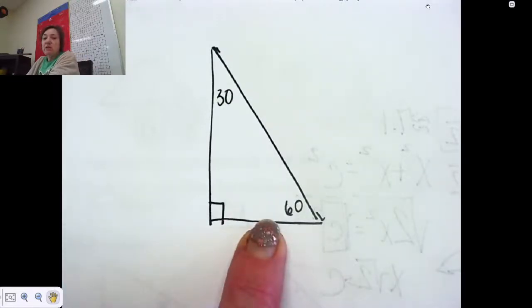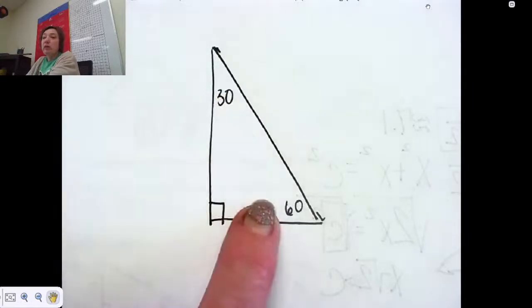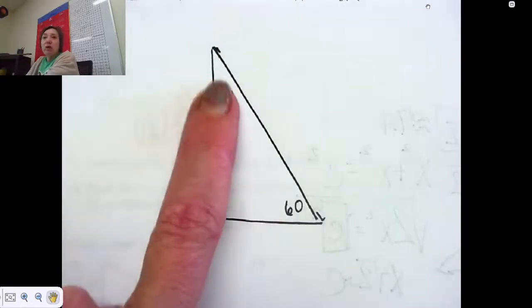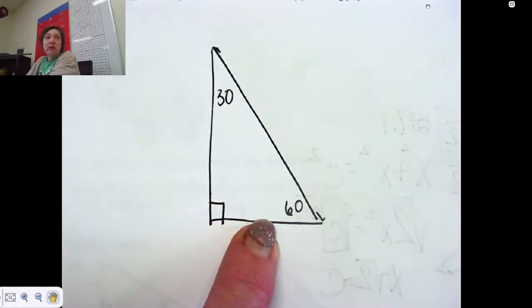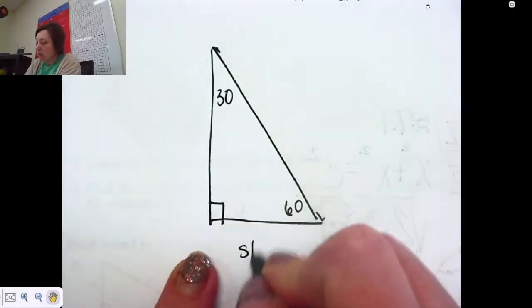How do you know this is the shortest side? That's one way to look at it. I think of it as being across from the shortest angle, right? So it's across from the shortest angle, so it's the shortest side, right? So this is the shortest.